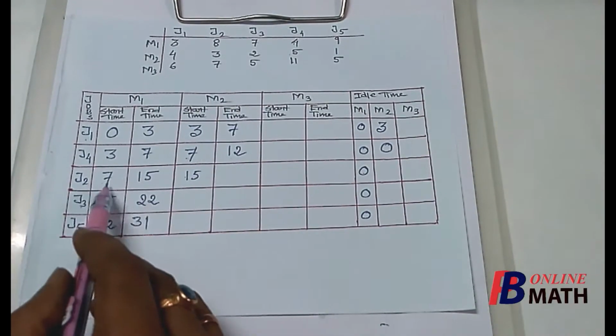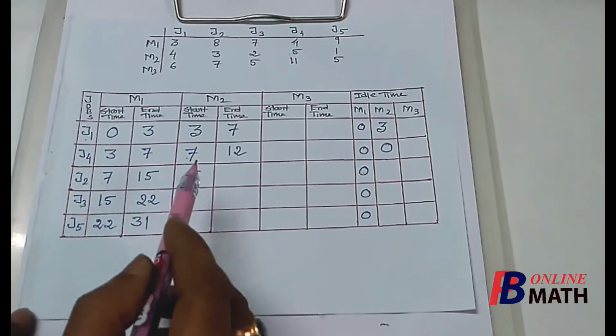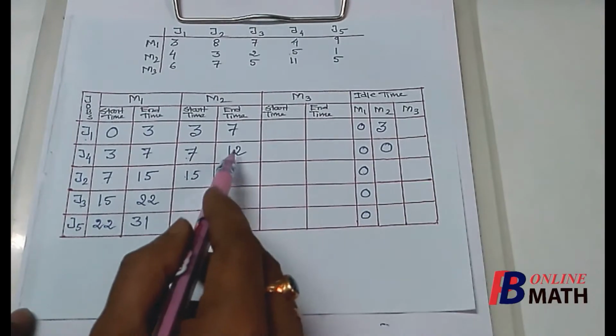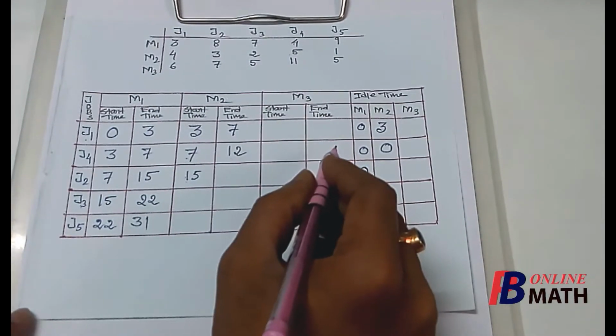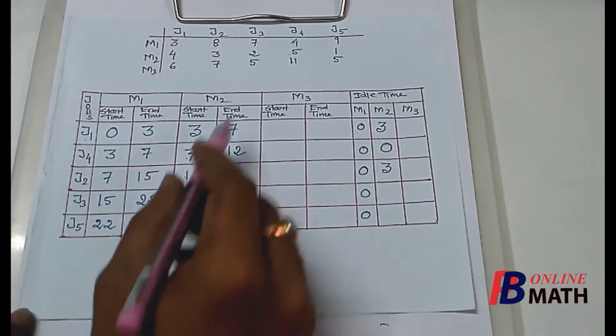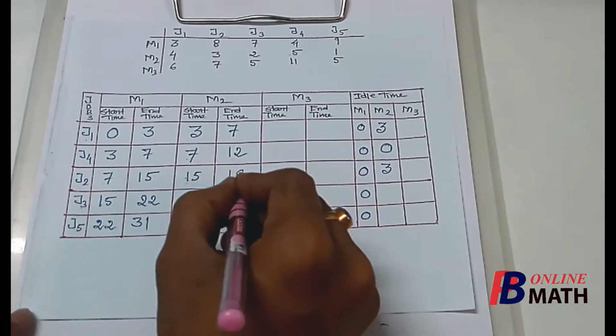Since the job is available to M2 only after 15 units of time, the machine M2 will remain idle for these 3 units of time. So the idle time is 15 minus 12, which is 3. J2 takes 3 units of time, so the end time is 18.